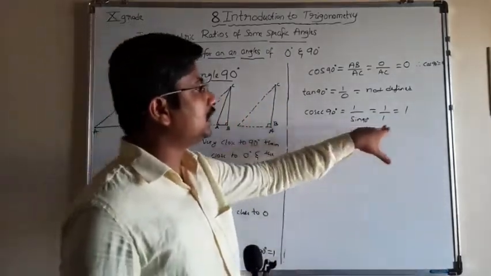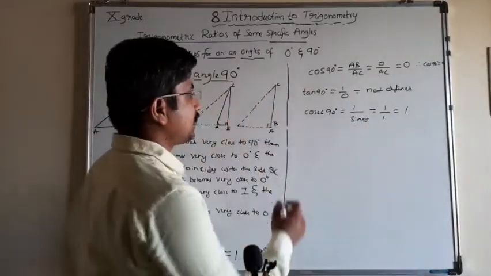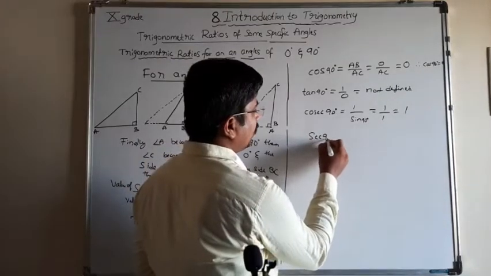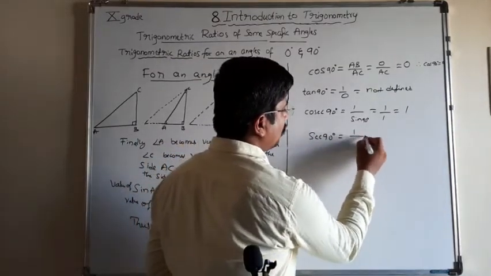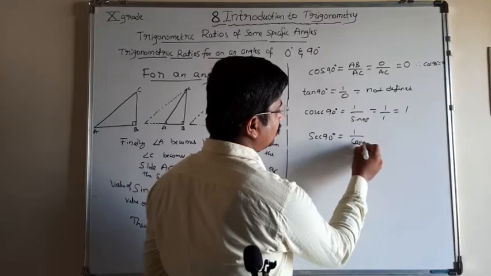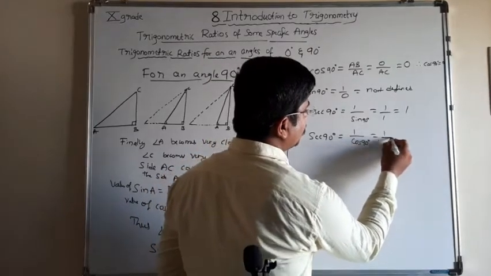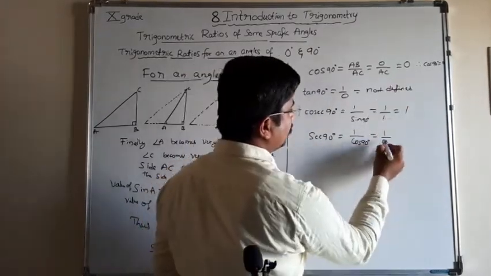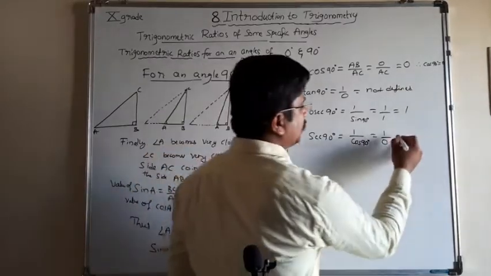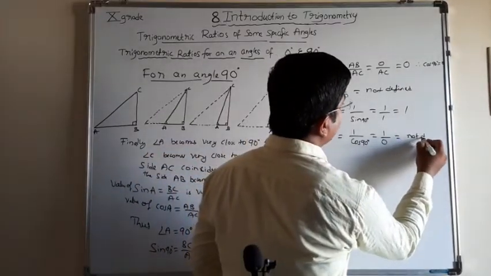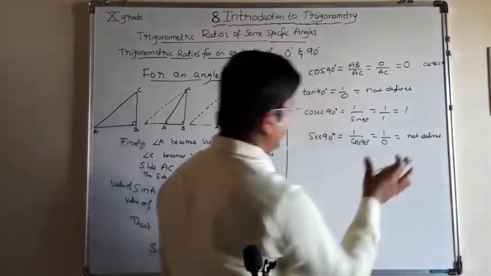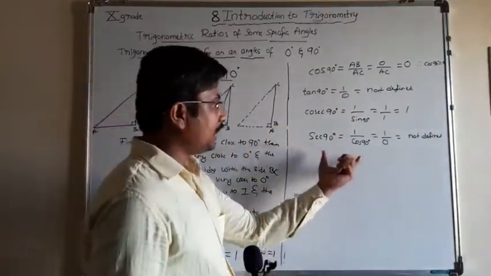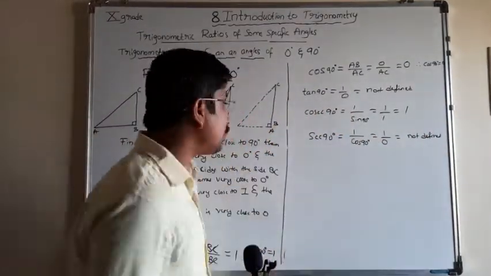Therefore cosec 90 degree is equal to 1. Next, sec 90 degree is the reciprocal of cos 90 degree, which is 0. Therefore 1 divided by 0 is not defined, so sec 90 degree is not defined.